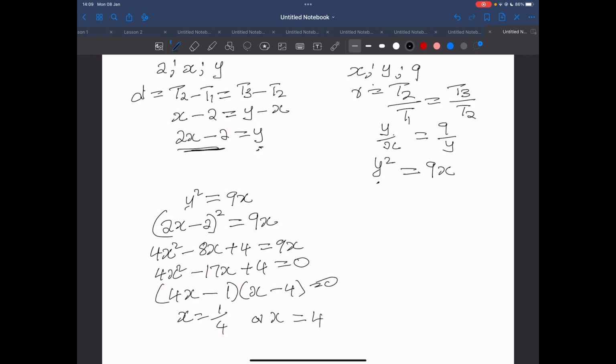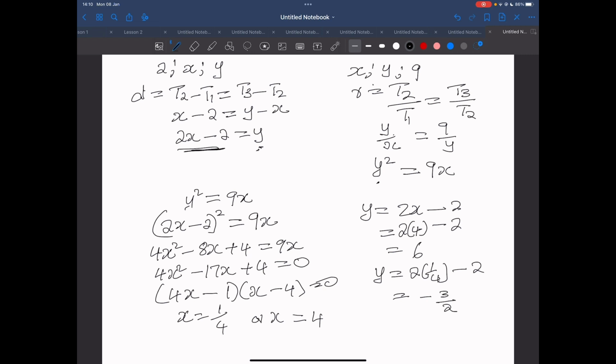Getting the values of y, we know that y is 2x minus 2. We substitute. If we put 4, we will get 2 times 4 is 8, minus 2 is 6. If we put 1 over 4, this will be 2 times 1 over 4 minus 2, which gives us negative 3 over 2.